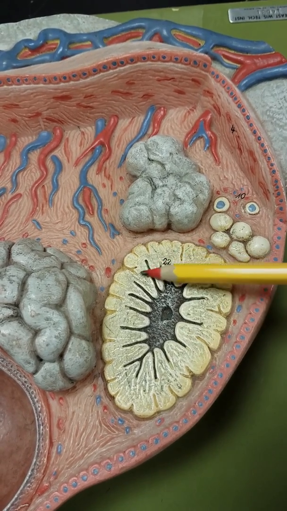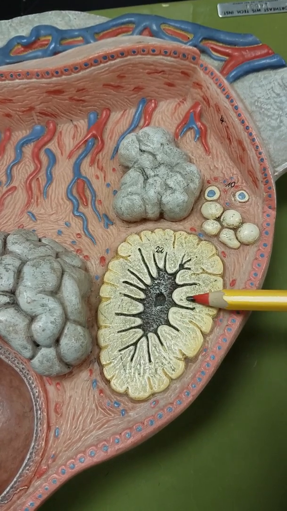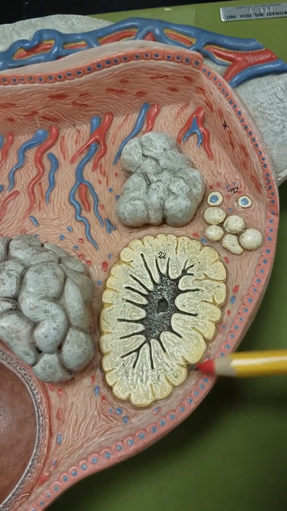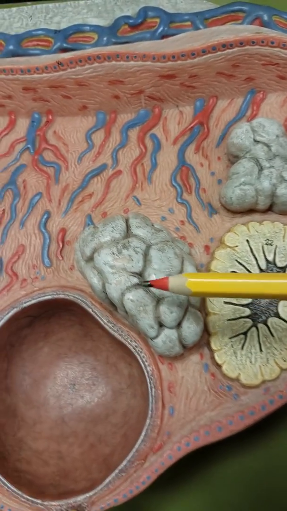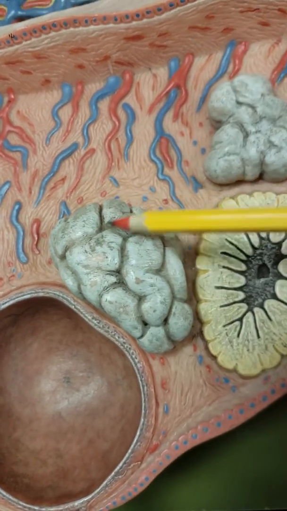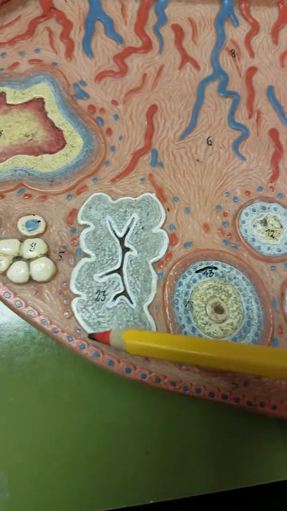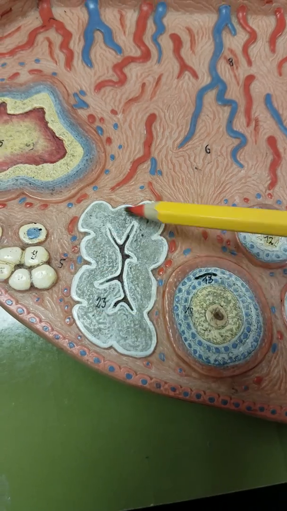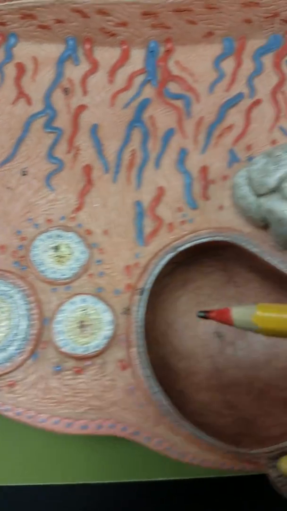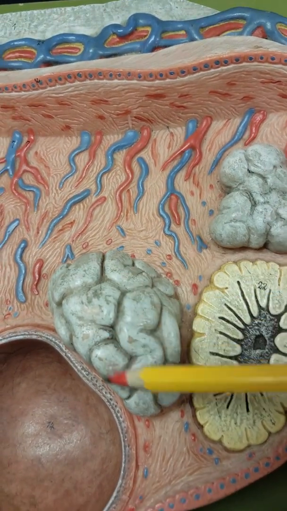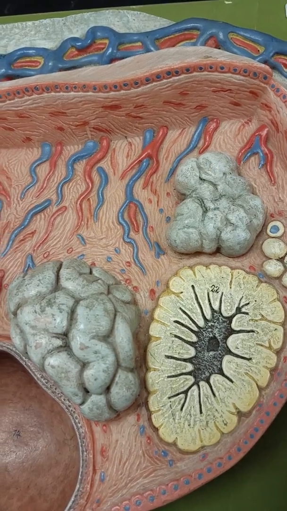Now, if fertilization and implantation do not occur, then the luteum will die or degenerate after 10 days and become one of these silvery white follicles known as the corpus albicans. Okay, so here's a corpus albicans, the albino or white follicle, and that's what's left at the end of the ovarian cycle.